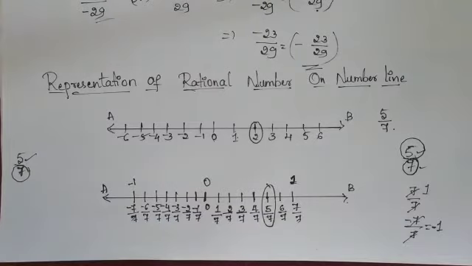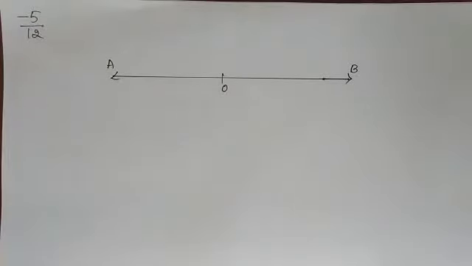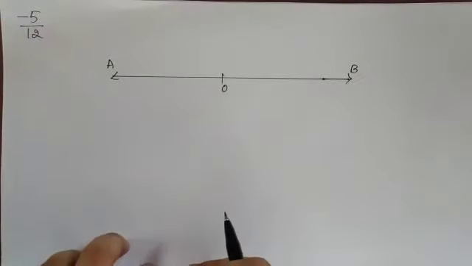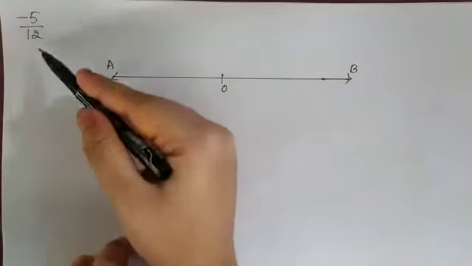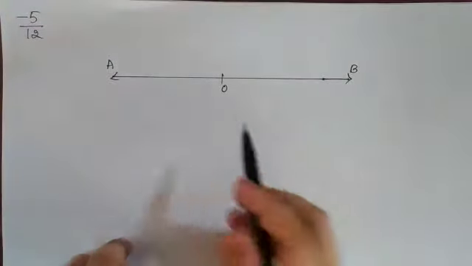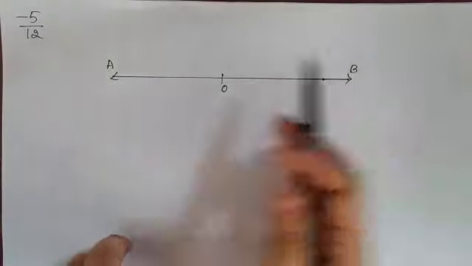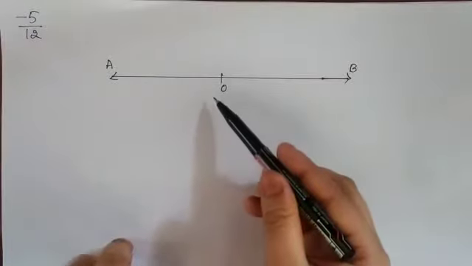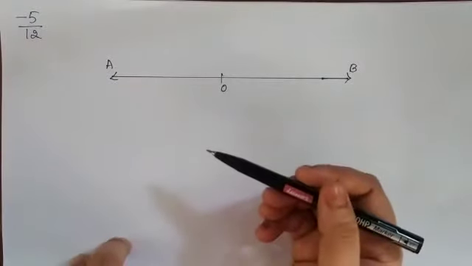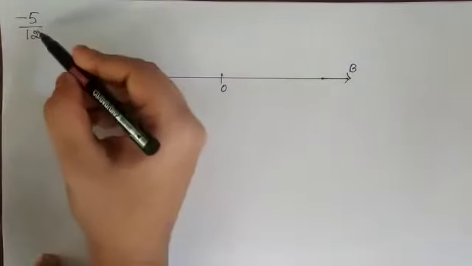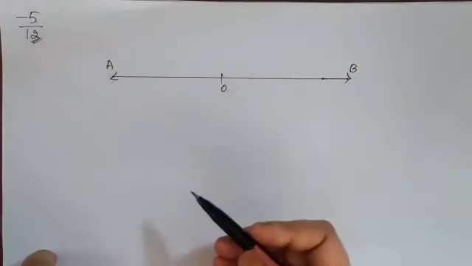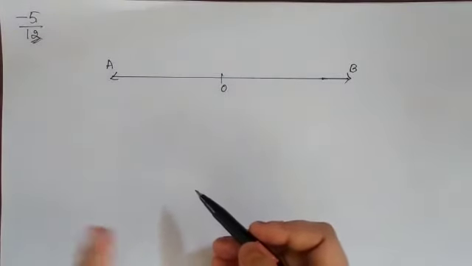Similarly, I'll take another problem so that you will understand clearly. What is the next question I have considered? I have considered minus 5 divided by 12. So I have taken one line here and marked A and B on either side. In the middle, that is at the center, 0 is there. Minus 5 divided by 12 means first you have to see the denominator.